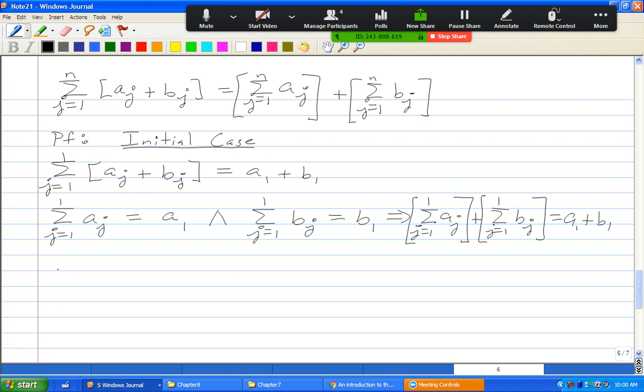And so these two facts here, well, these are both equal, so therefore this shows that the sum j equaling 1 to n of a j plus b j is equal to the sum j equaling 1 to n of a sub j plus the sum j equaling 1 to n of b sub j.